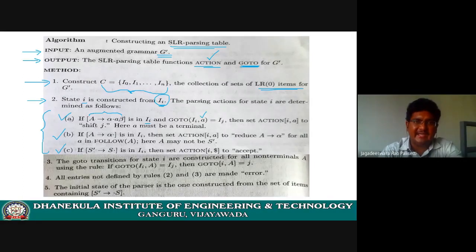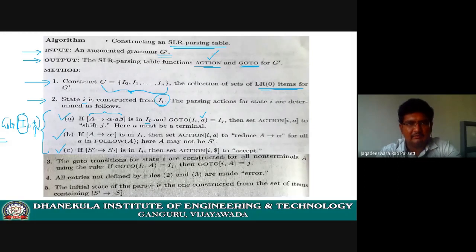Let us consider a is a terminal. So I am writing here goto of a state like I1 on a particular terminal like plus. What I have to get is a production rule from this I1 where the production rule contains plus after the dot.